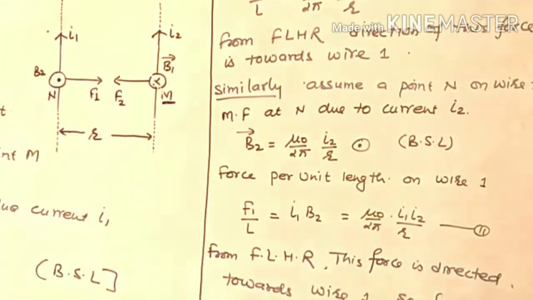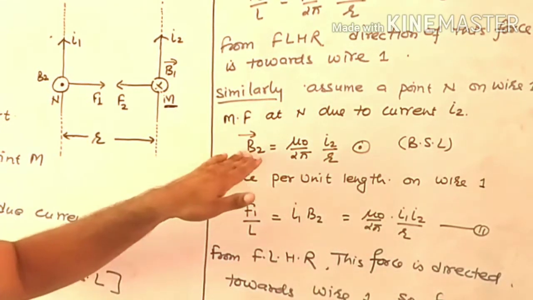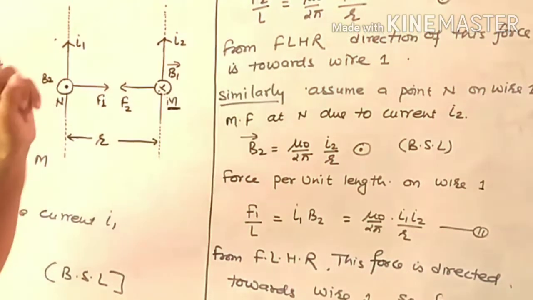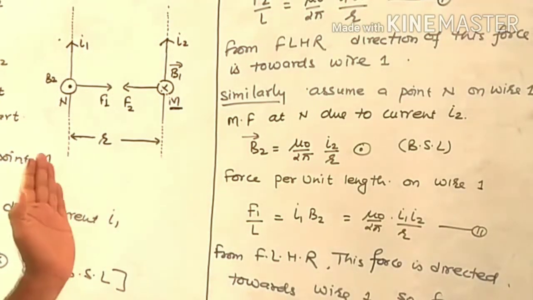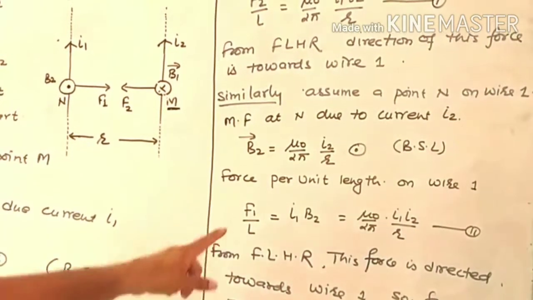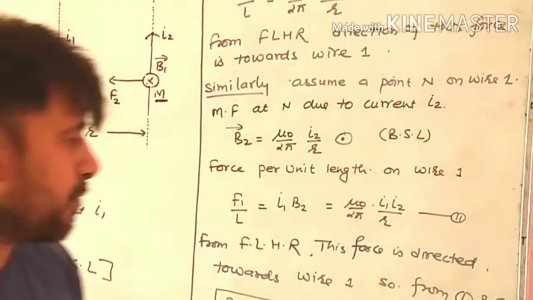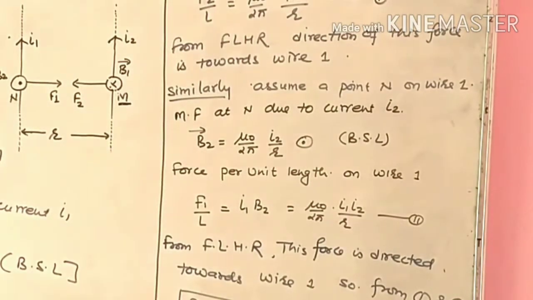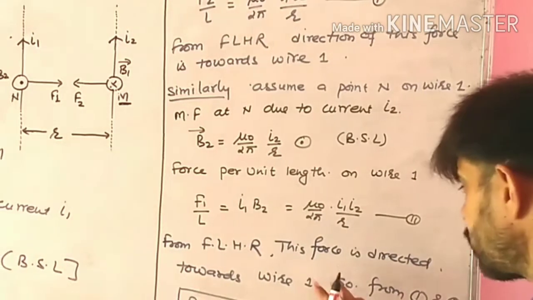So magnetic field will be in the direction upward to the plane of board. This magnetic field along with the current I1 will exert a force F1 on this wire 1. Force per unit length will be calculated by I1 B2, which is mu 0 upon 2 pi I1 I2 upon R. This is called equation 2. Again, from Fleming left hand rule, this force will be towards wire 2.